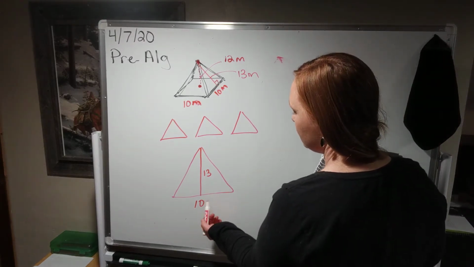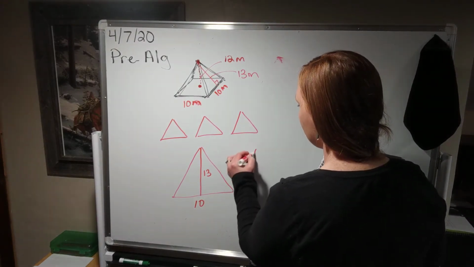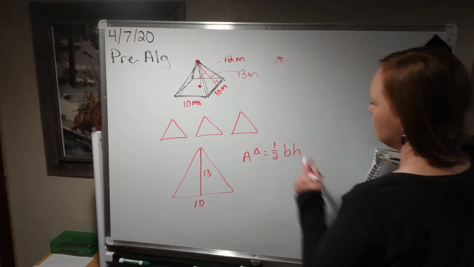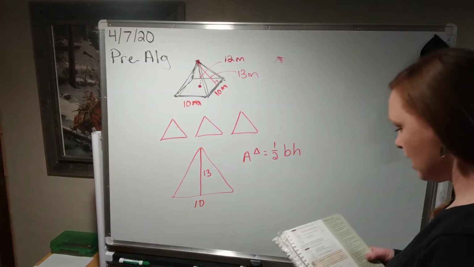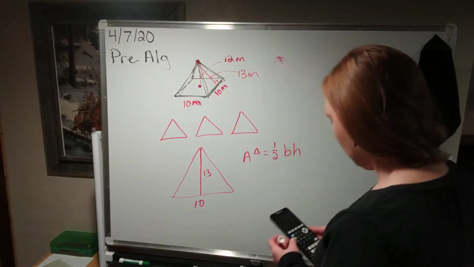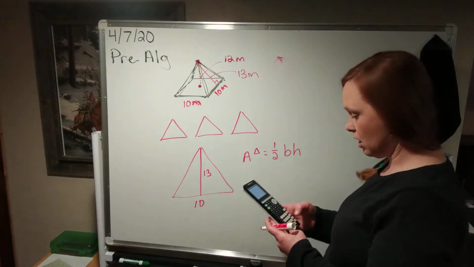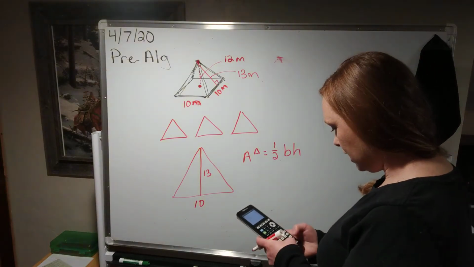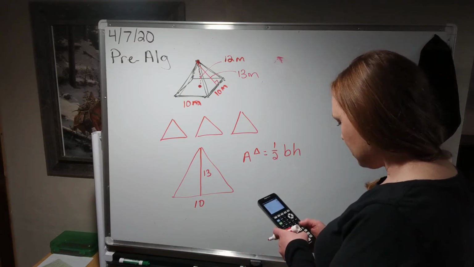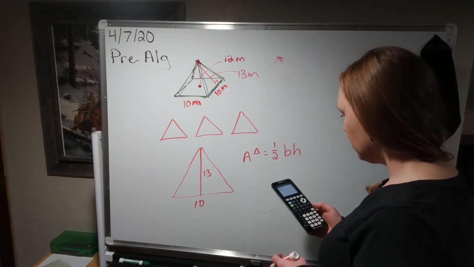Let's do that by saying that the area of a triangle is 1/2 the base times the height. I'm going to switch my book here and turn my calculator on. And 13 times 10 equals 130. And I'm going to divide that by 2.